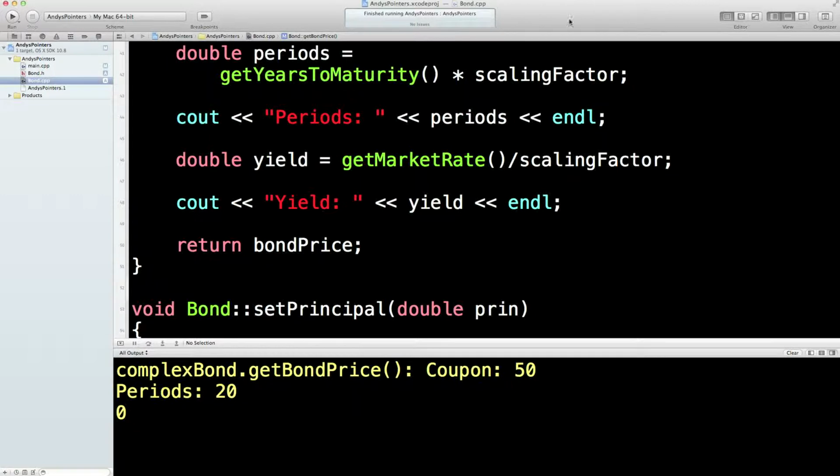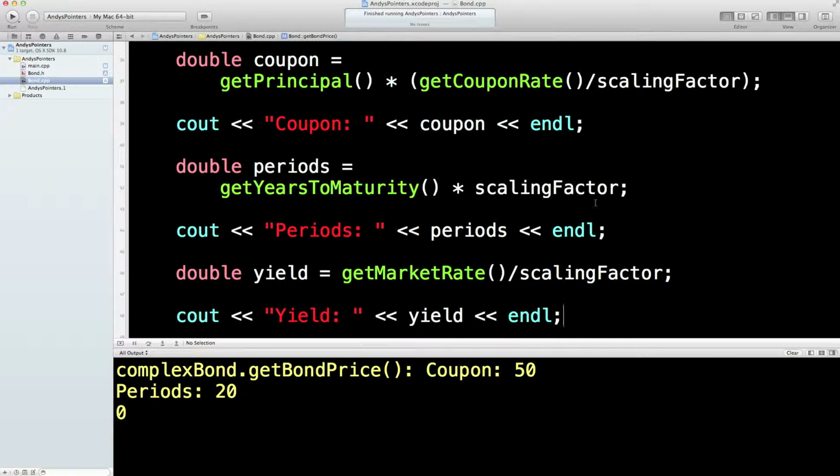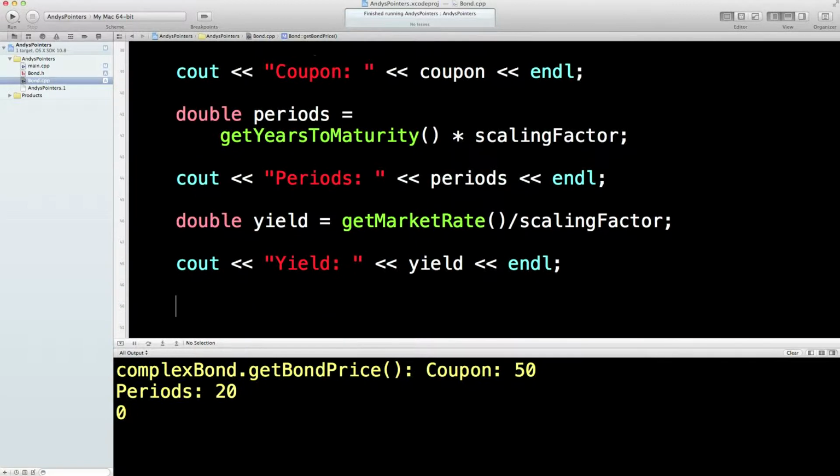Now, got everything I think we need. We've got a lot of coupons coming in. We've got 20 coupons coming in, each of $50. What we need to do is present value those things. I mean, if you think of it like this, here's me now, and then I've got a payment in 6 months' time, and I've got another payment, another payment, another payment.